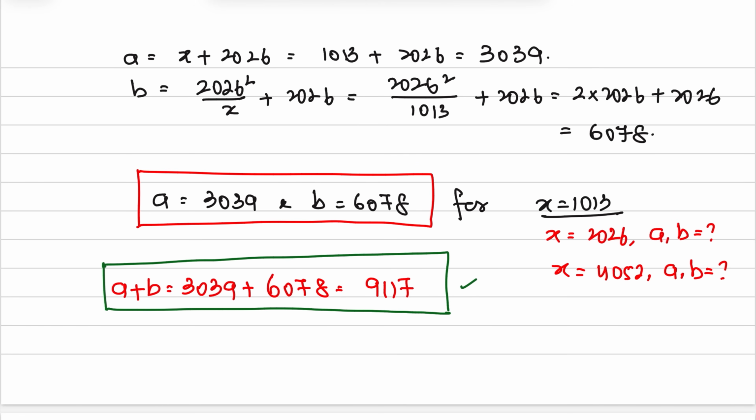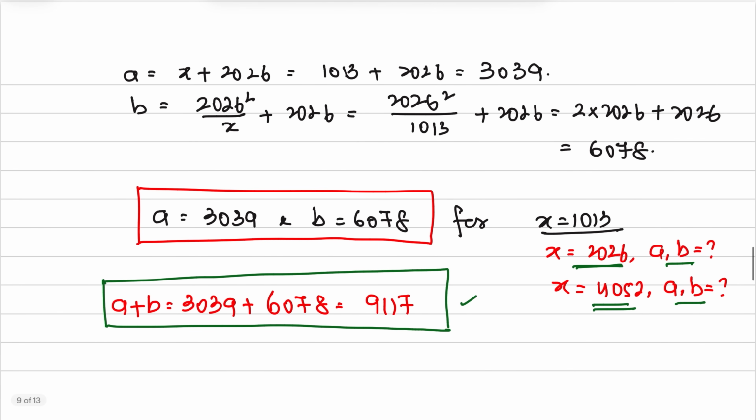Similarly, you find the A plus B value for the other x values also. X is already found out, find out A and B and find out A plus B. With this, I wanted to conclude this session.